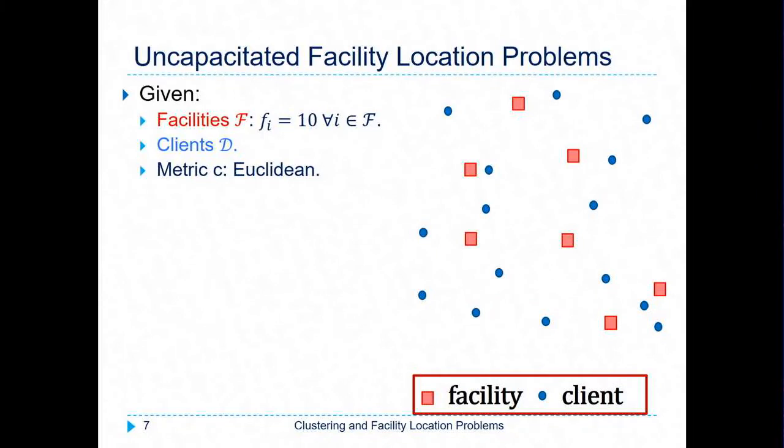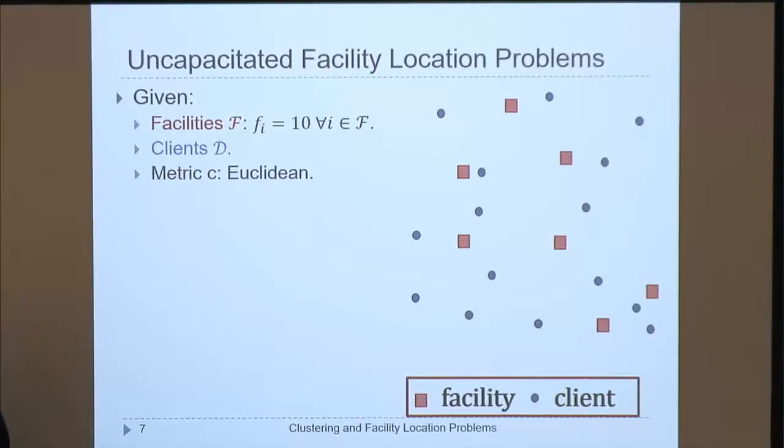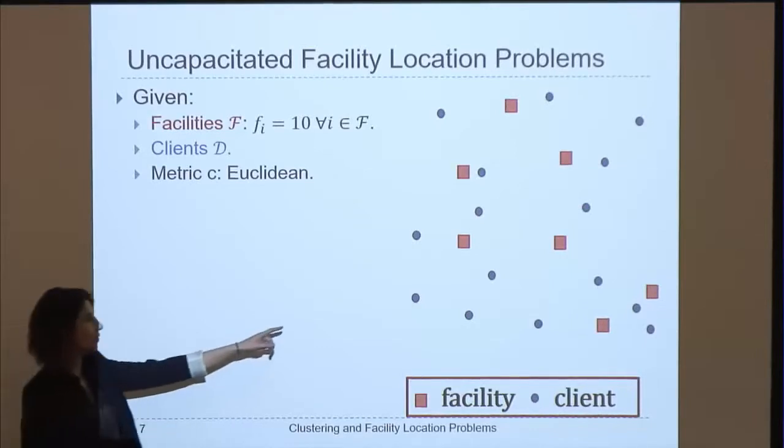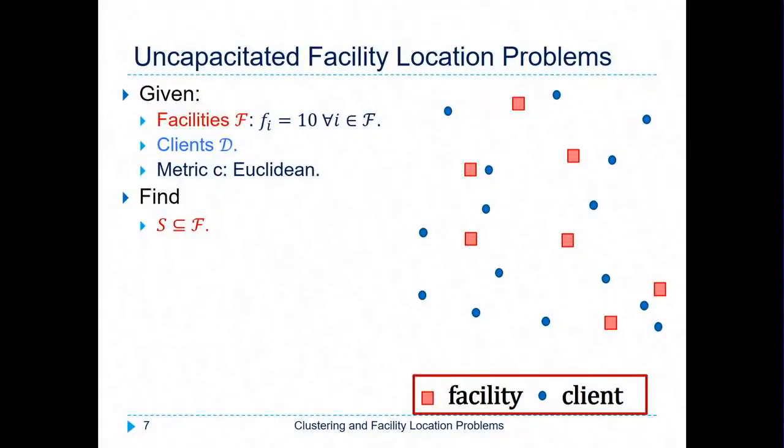Now let me give you an example. Suppose that we have a set of facilities F, shown in the picture by red squares. Each facility has opening cost 10. We have a set of clients D, shown by blue circles, and they are located in a Euclidean metric. We want to find a set S of facilities to open such that we minimize the total cost.